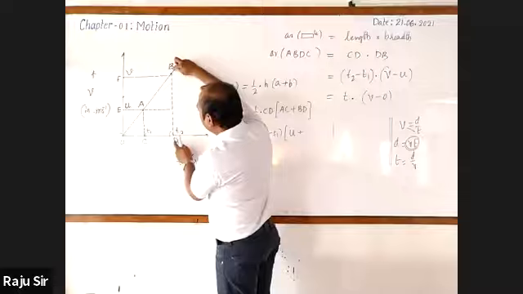V minus 0. Very good. Only V. So total U plus V. Did you all understand? Yes, sir. Okay.